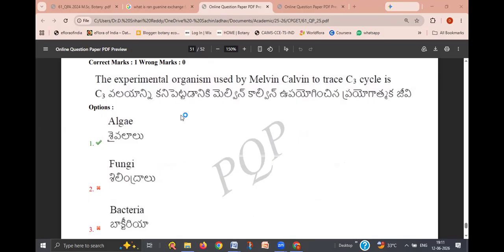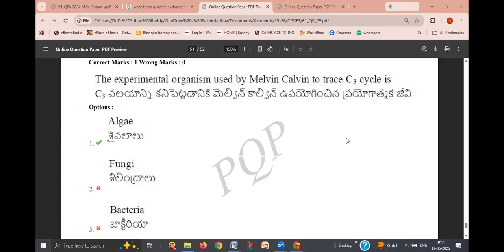Next, the question is: the experimental organism used by Melvin Calvin to trace the C3 cycle is. Melvin Calvin, Benson, Bassham, all these are the scientists. They initially explained the C3 cycle, so it is also named the Calvin cycle.